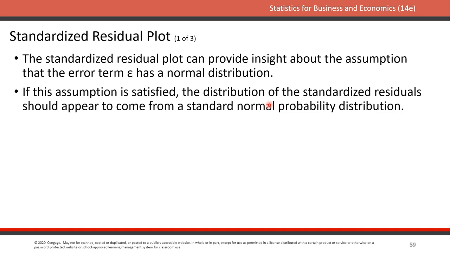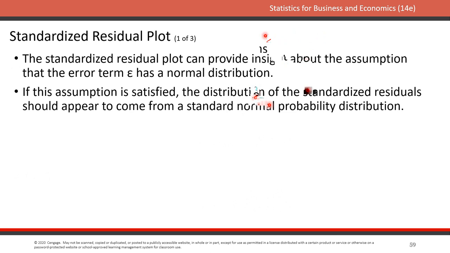The reason we do this is because we don't want any crazy big errors. If we see any really large errors, that can be a problem. The issue is, how do you tell what is a so-called large error? Well, if I put it on this standardized scale, I can use the standardized interpretation of a Z to tell me what's big and what's small.